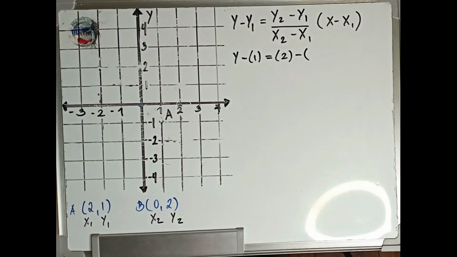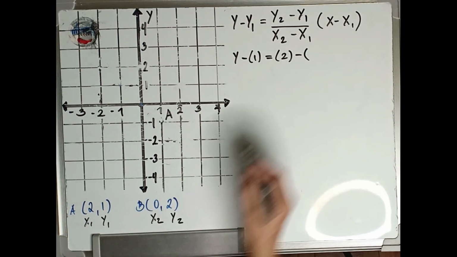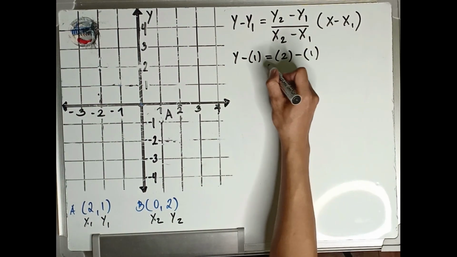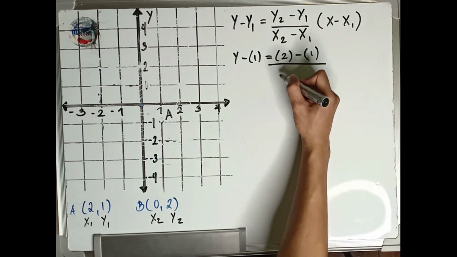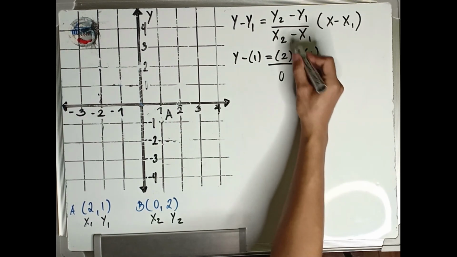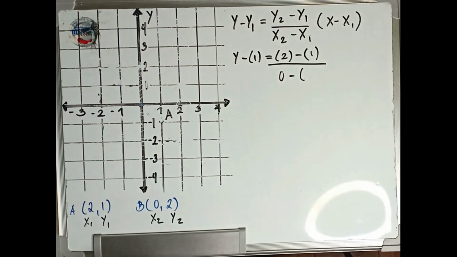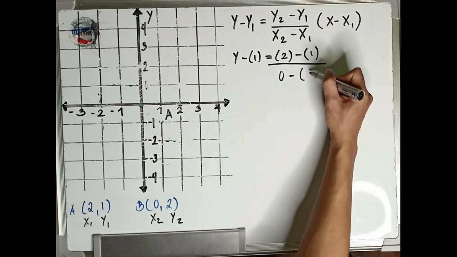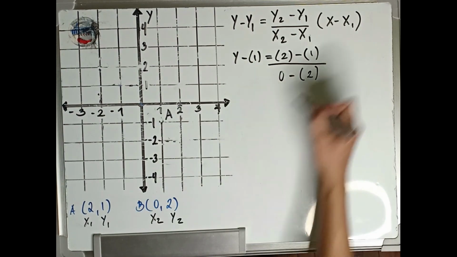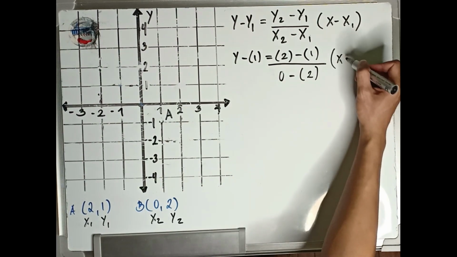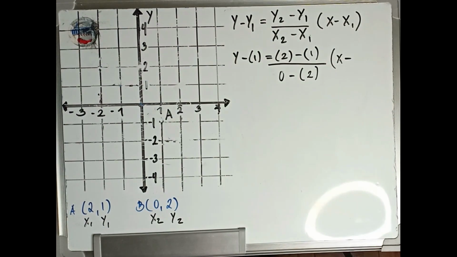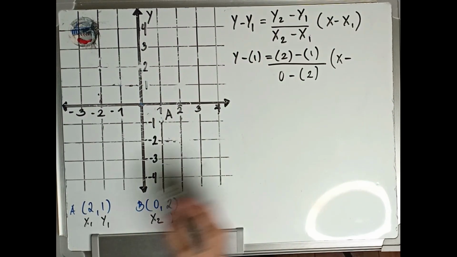Y sub 1 is positive 1 over x sub 2, that is 0. Copy the subtraction sign. X sub 1, that is positive 2. Then parenthesis. Variable x will not be replaced. Negative x sub 1 is positive 2.